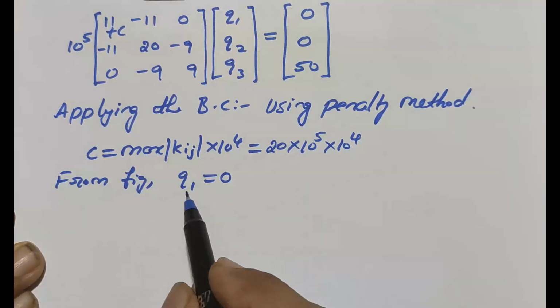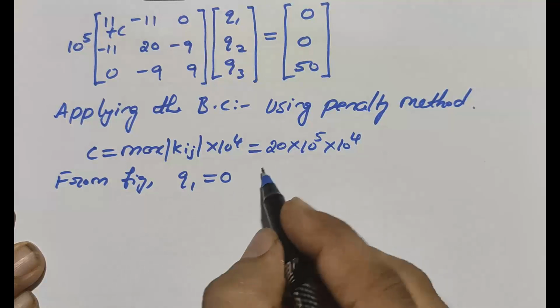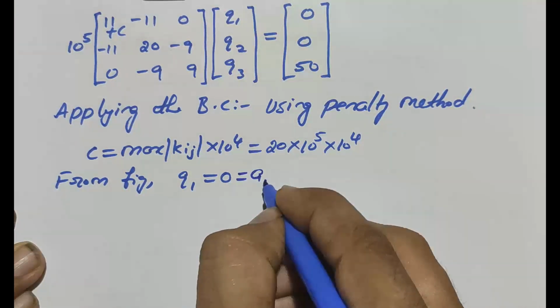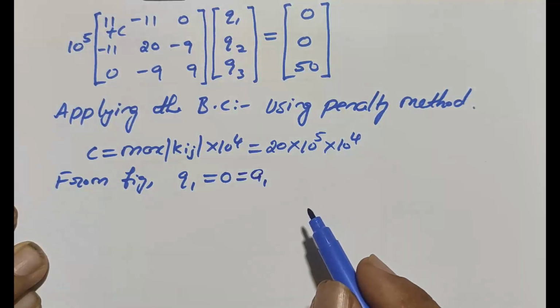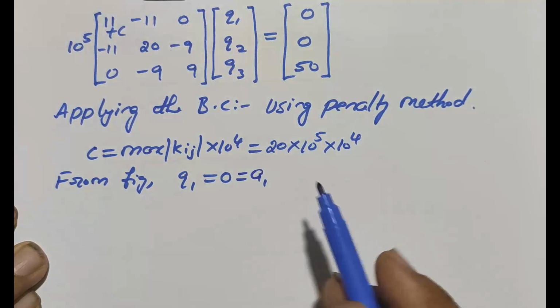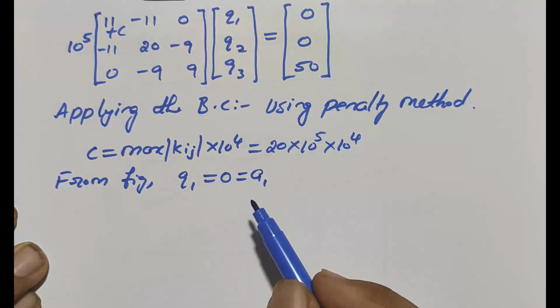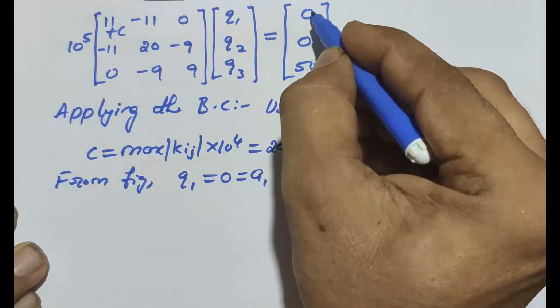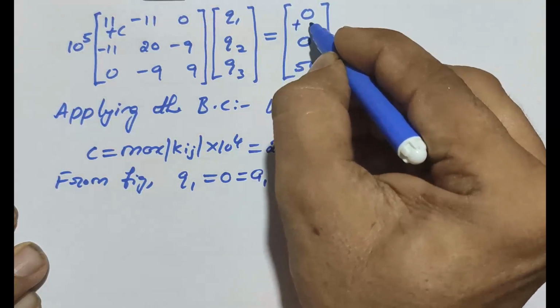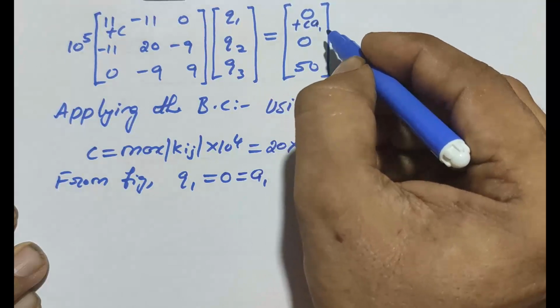Here at node 1, Q1 is equal to 0, equal to A1. So the corresponding spring force, that is C into A1, gets added to the corresponding nodal force. It is plus C into A1.